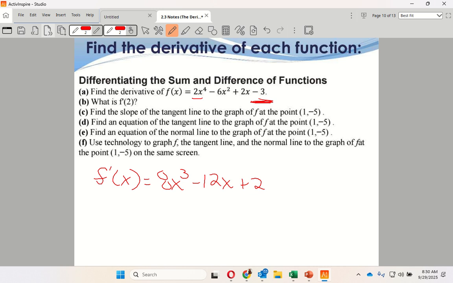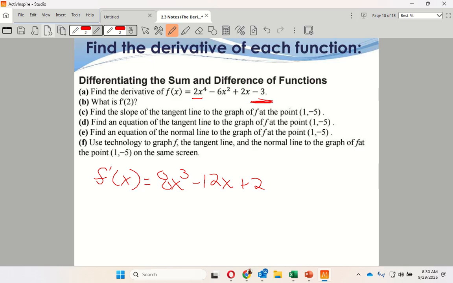So what is the slope of y equals negative 3? 0. The derivative of a constant with no variable is always going to be 0. Do I need to write that? No, I don't, because I already have another constant here in my derivative, so I don't need to put plus 0.